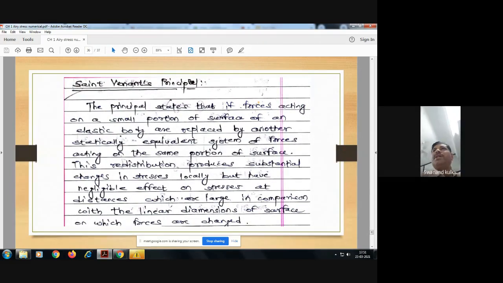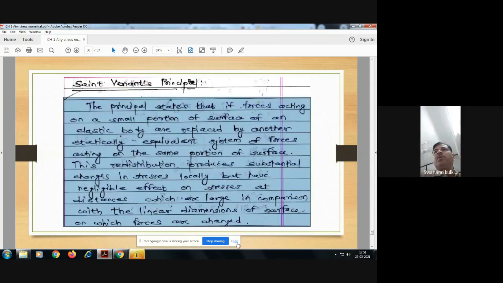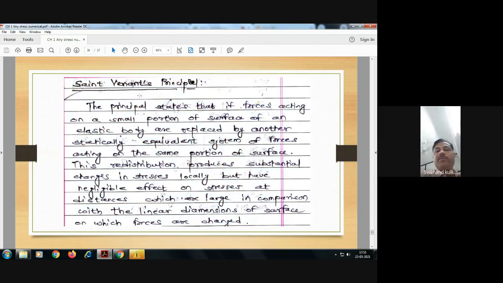if forces act on a small portion of the surface. Now here, before understanding this particular principle, let us understand that one cantilever beam is in front of us, and on that cantilever beam, at one end, a force has been applied.